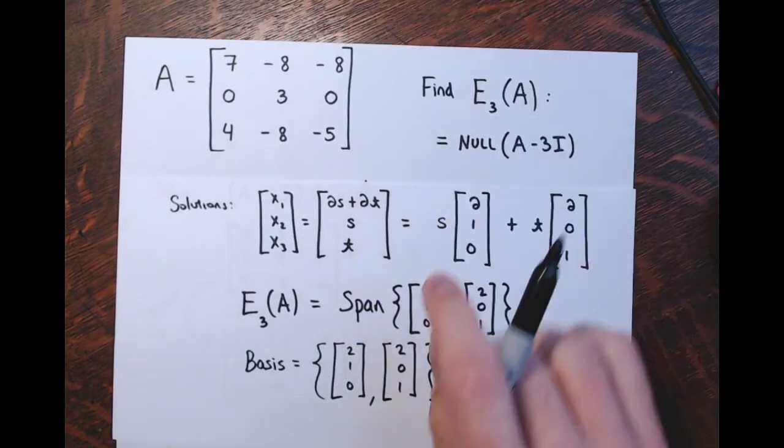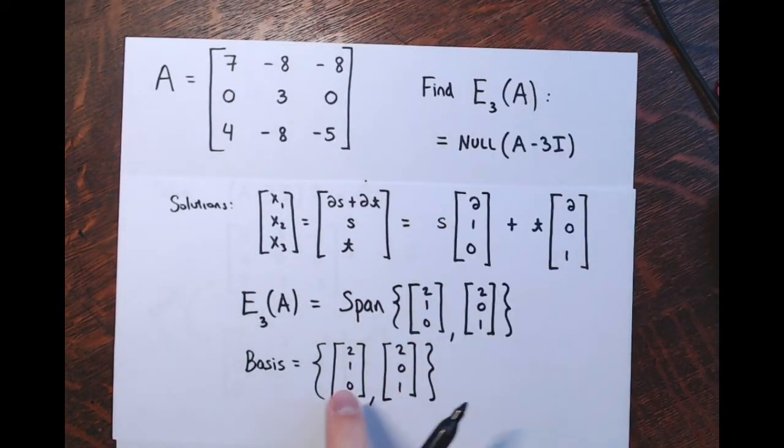Again, this isn't the only basis. If I had any multiples of these two vectors, it would still form a basis for this space. If you replaced one of these with a linear combination of them, and still have two vectors in it, as long as they were independent, you'd have another basis. So this isn't the only basis.